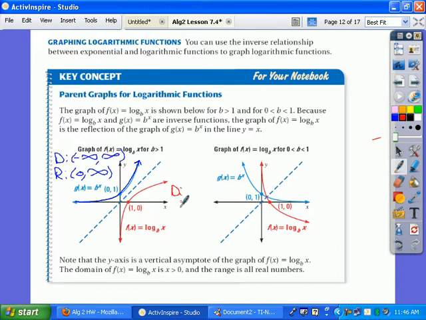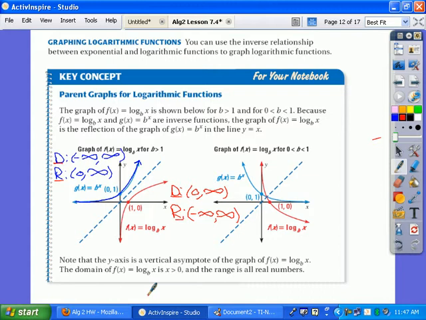The domain is just going to be from 0 to infinity, but the range is going to be all real numbers now. I can get out any y value. So here the domain was negative infinity to infinity; here that becomes the range. Here the range was 0 to infinity, and now the domain of the inverse function is 0 to infinity. They flip-flopped, and that will always be true of inverse functions.